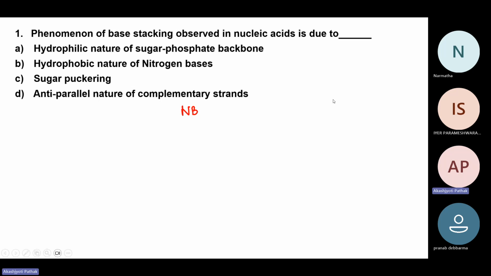Once the nitrogenous bases are stacked over each other, because of their hydrophobic nature, the water molecules get excluded, which leads to the stability of the DNA molecule. So yes, the answer is option B, hydrophobic nature of nitrogenous bases.